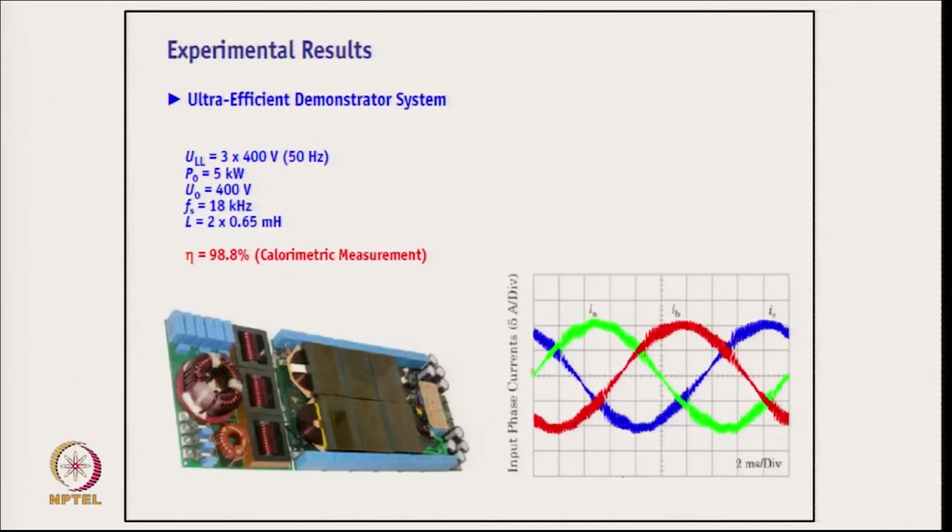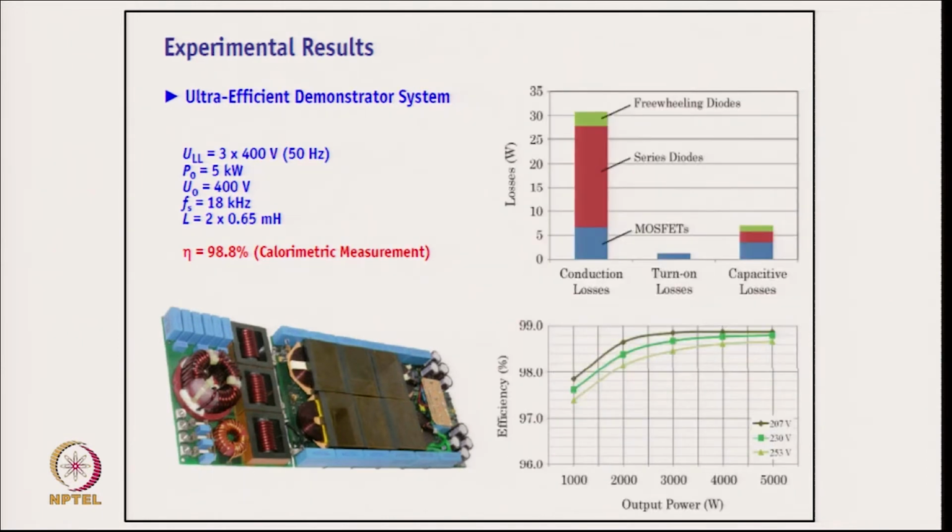This is how the converter looks for 5 kilohertz, and you are able to get buck operation corresponding to 400 volts, where the peak of 400 will be much higher than the line voltage, and these are the supply currents, which are balanced sinusoidal on the supply side. And then there are the losses and efficiency.